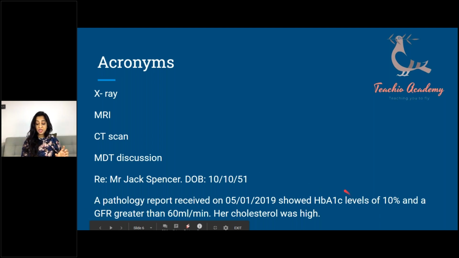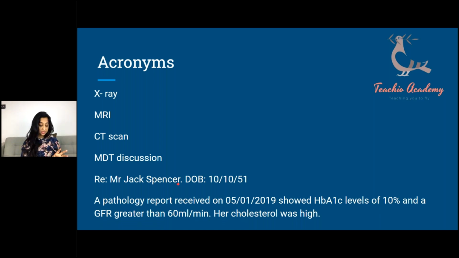Things like HbA1c, because that's also an acronym which can be expanded, it still has to begin with a capital letter. So that's very, very important that we notice that. And this I've already mentioned. Date of birth, if you want to write DOB, everything has to be in a capital letter.